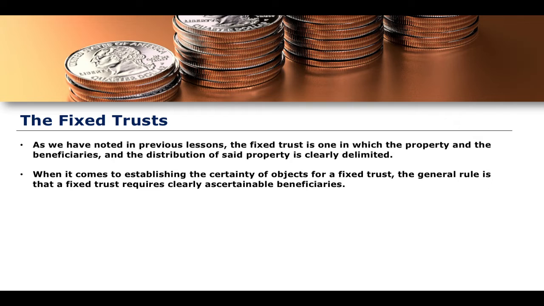So if I was a settlor and I wanted to put some money on trust for a beneficiary, I would have a clear amount of money that I'm giving to a trustee, and that trustee is going to hold that property on trust for this beneficiary or beneficiaries, and there is a clear delineation as to how that property is going to be distributed, what is going to be done with that property.